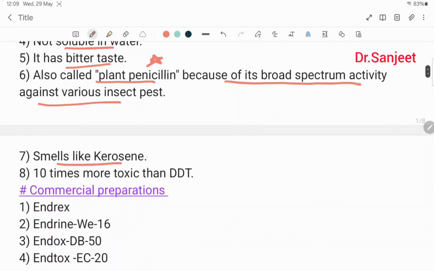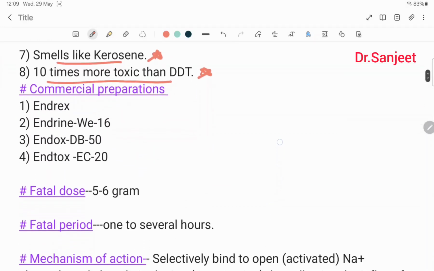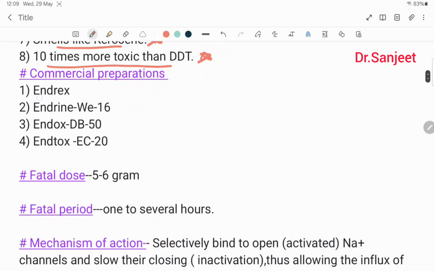It smells like kerosene and is 10 times more toxic than DDT. Commercial preparations of endrin: Endrex, Endrin WE16, Endox DB50, Endotox EC20. Fatal dose 5 to 6 gram. Fatal period 1 to several hours.